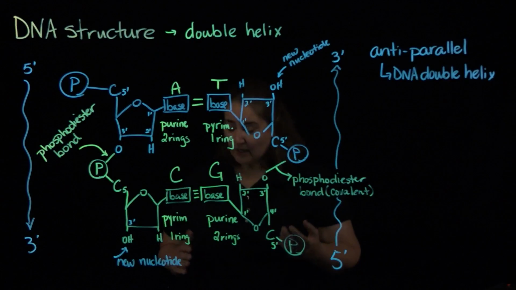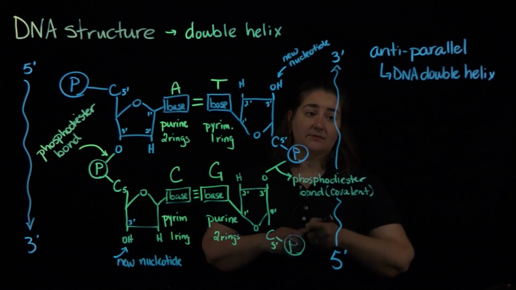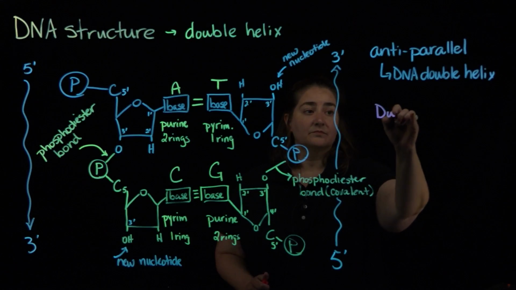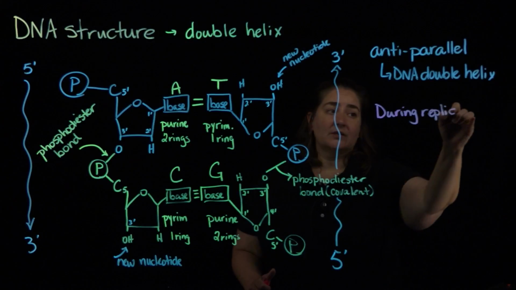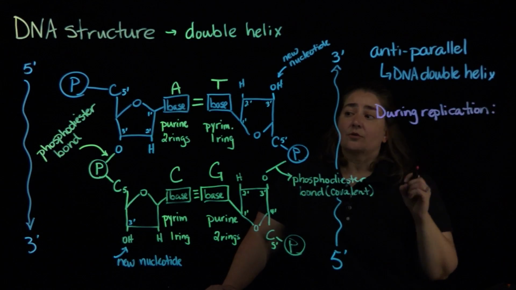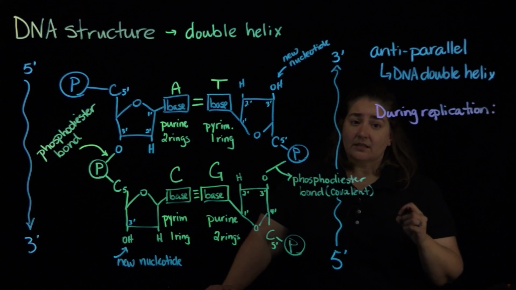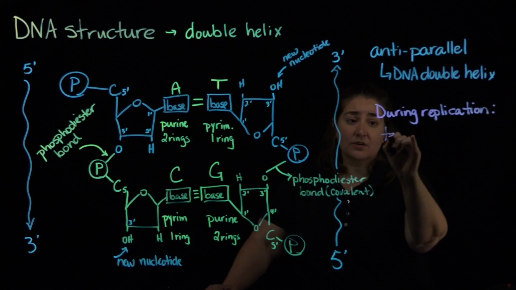So when DNA replication happens, and DNA replication is going to be our next topic, you are going to have 1 strand of DNA that is going to be the template strand.